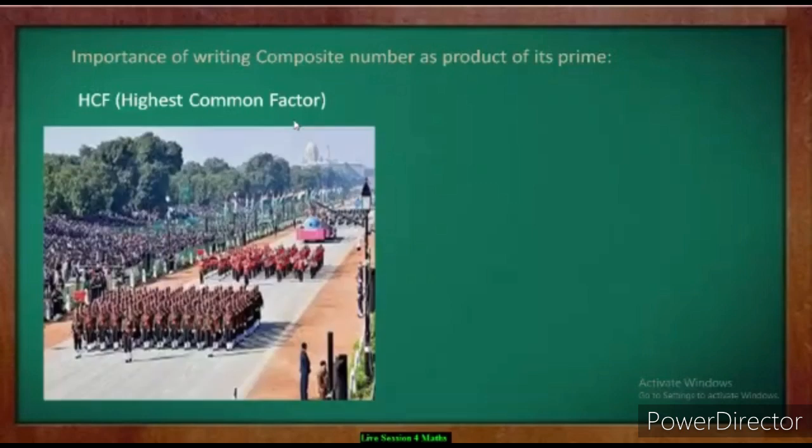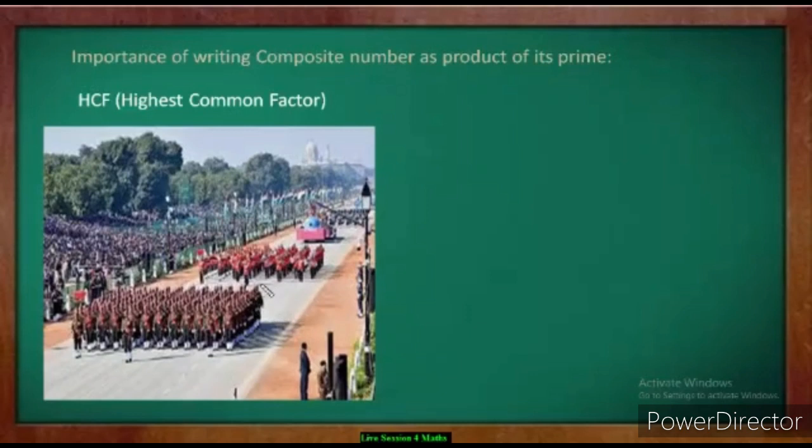Let me give you one example. Here you can see a march past by our soldiers, a parade, on a certain occasion. Let me take an example that 2 regiments are there.